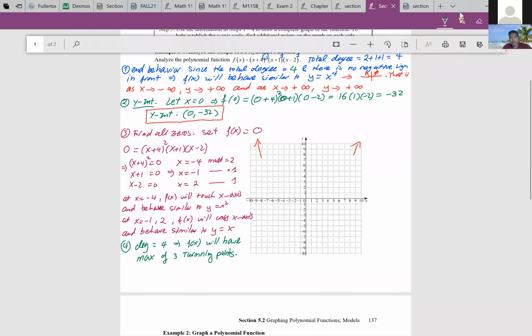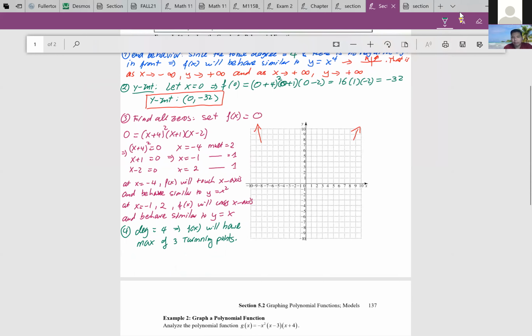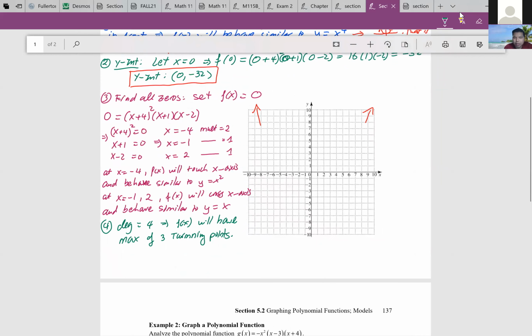Okay, so let's see what we can put in. I know the end behavior, so let's look at the y-intercept. Let's scale the axes a little bit all the way down here. So I'm going to adjust that: 2, 4, 6, 8, 10, 12, 14, 16, 18, 20, 22, 24, 26, 28, negative 30, negative 32, negative 34.